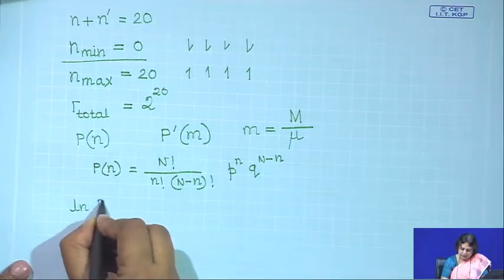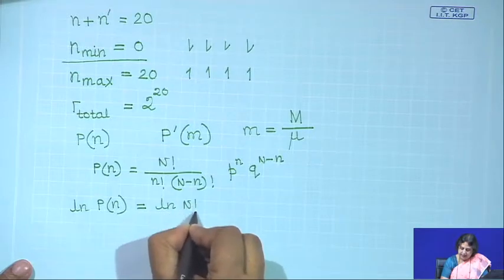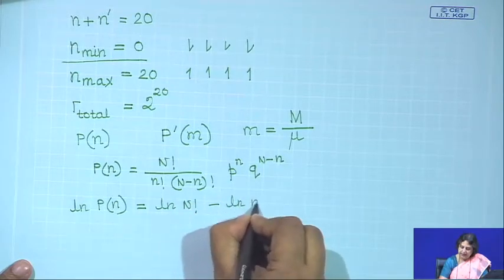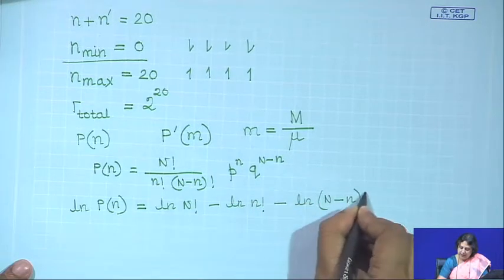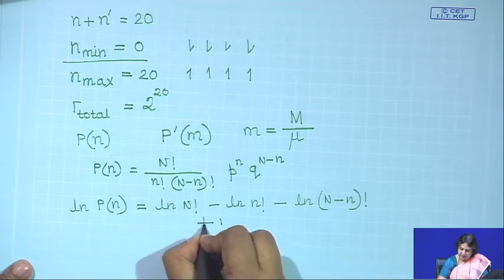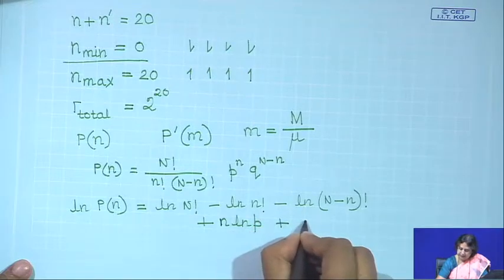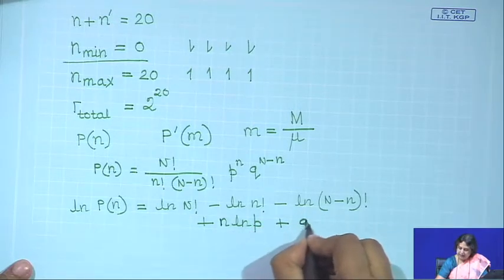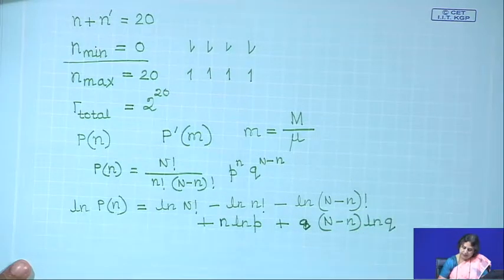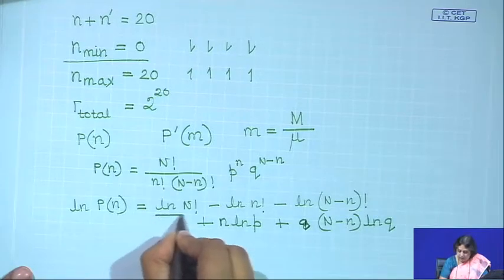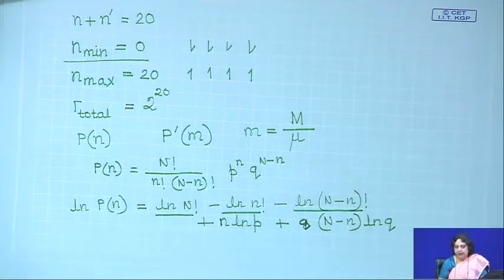If I take a log, then I will have ln N factorial minus ln n factorial minus ln (N minus n) factorial, plus n ln p plus (N minus n) ln q, right. Now, how do I find out these quantities? I am going to use the Stirling approximation.